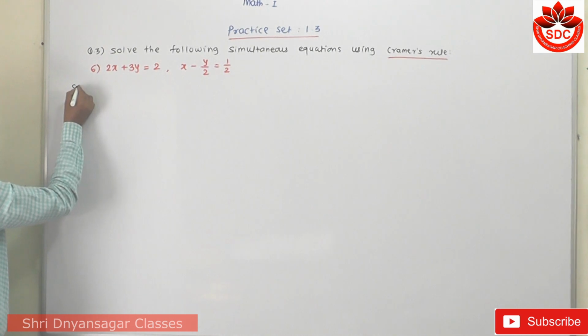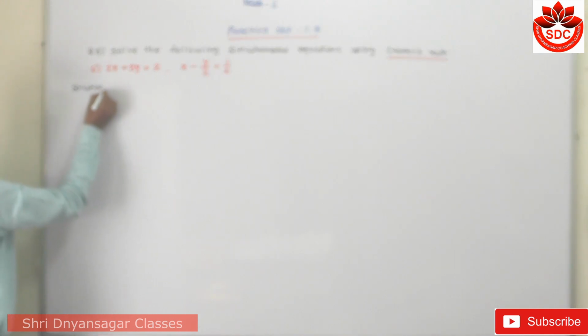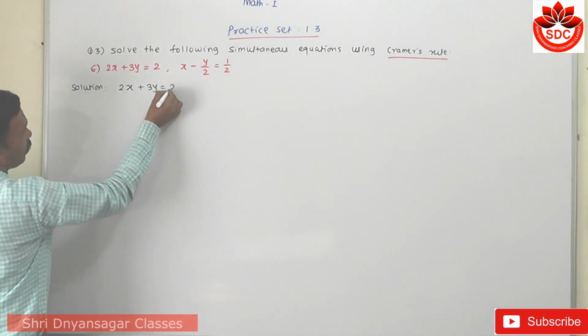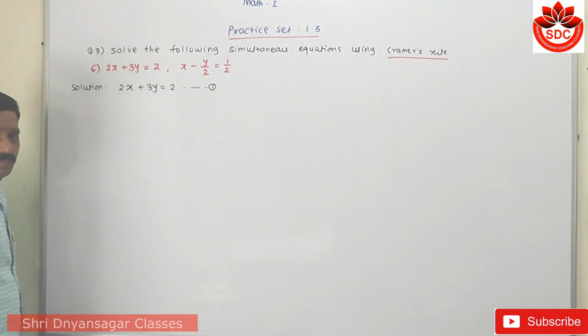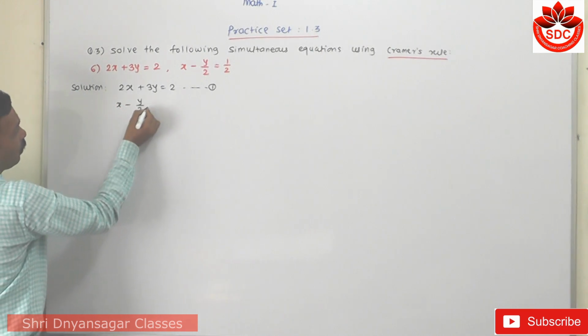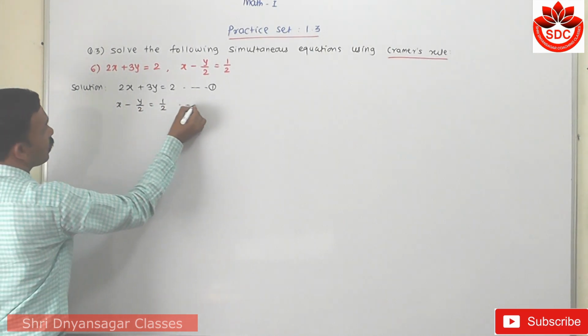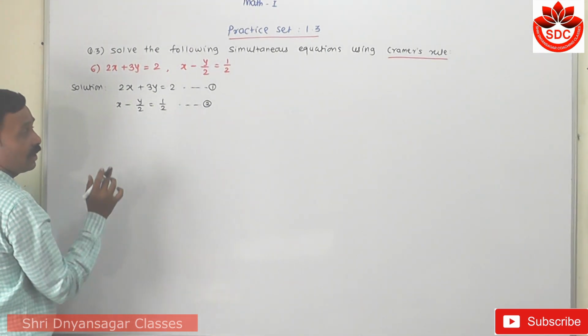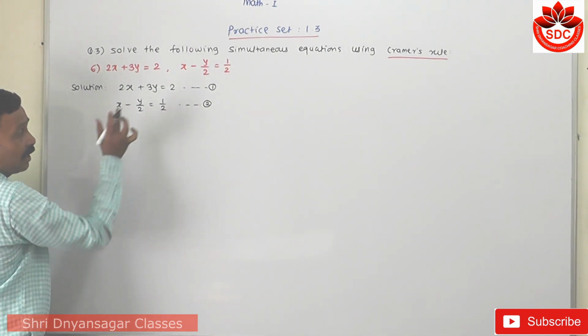Now the solution is: the first equation is as it is, 2x plus 3y is equal to 2, which is given in standard form. And this second equation, x minus y upon 2 is equal to 1 upon 2, is equation number 2. Now I have to multiply the second equation by taking LCM as 2.